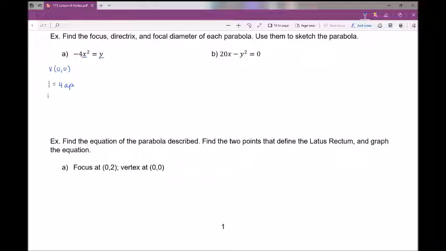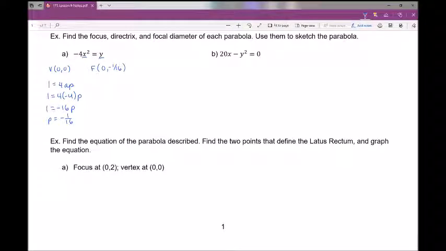So we can do 1 is equal to 4 times negative 4 times p. 1 is equal to negative 16p, so p must be negative 1/16. Okay, so what that tells us is that our focus is located at (0, negative 1/16).